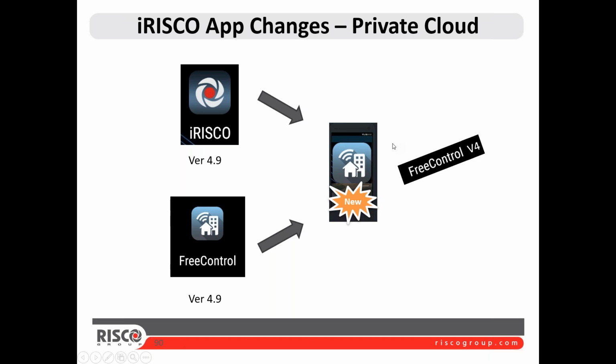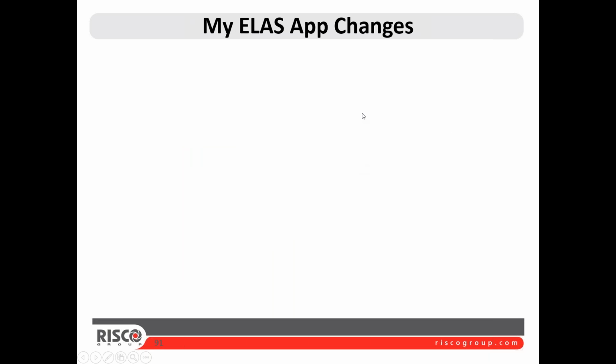This is important for those of you who've got customers using RISCO or free control. If they ignore the request to downgrade to free control version 4, you may need to assist them to do that, to use free control version 4 for the private clouds. All right.